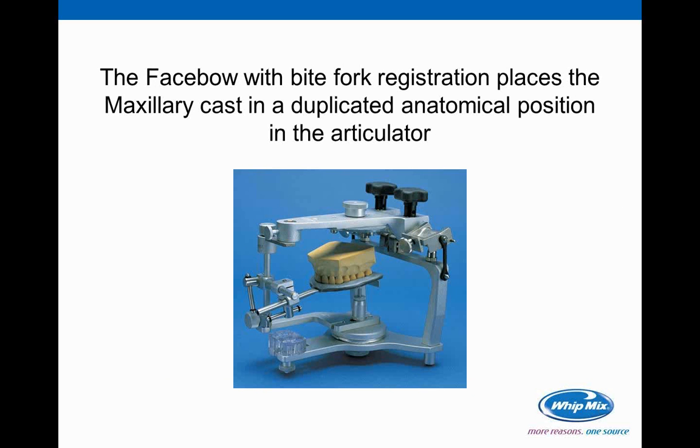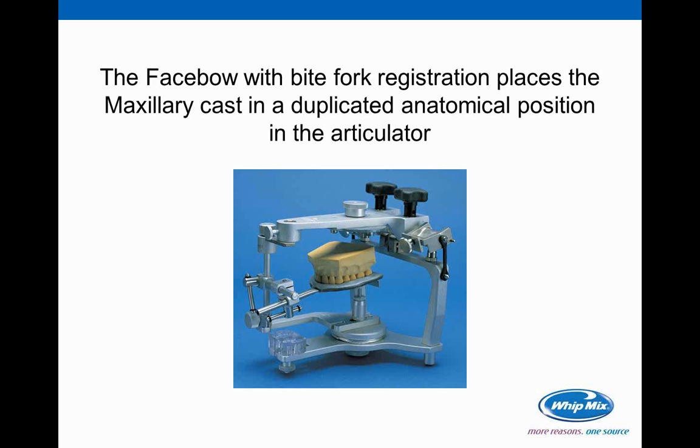Now, the Facebow, with the bite fork registration, places that maxillary cast in the duplicated anatomical position of the patient within the frame of the articulator. That's pretty critical when we're talking about function and reproducing a prosthetic device that's going to function the way that it should inside the patient.